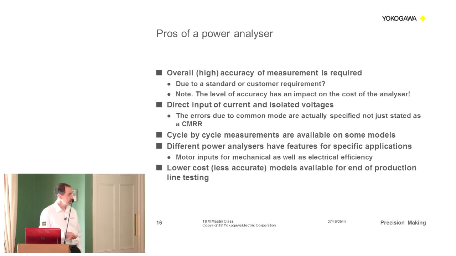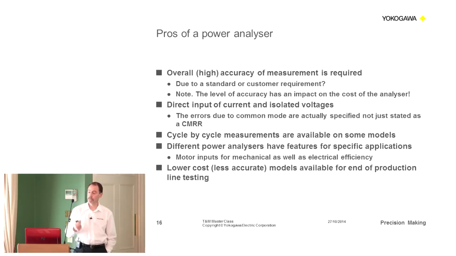And because there's a range, you can have different models. One need for this is, let's say, domestic products. We sell a lot of what we would describe as our lower end power meters for production line testing of white goods, for instance. And so that then becomes a price issue.